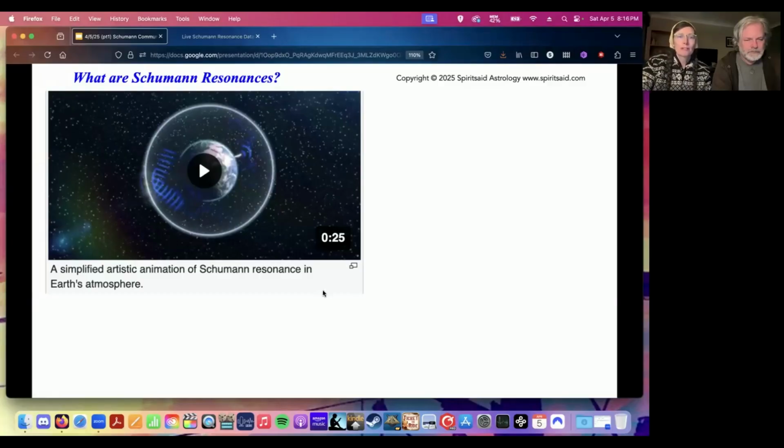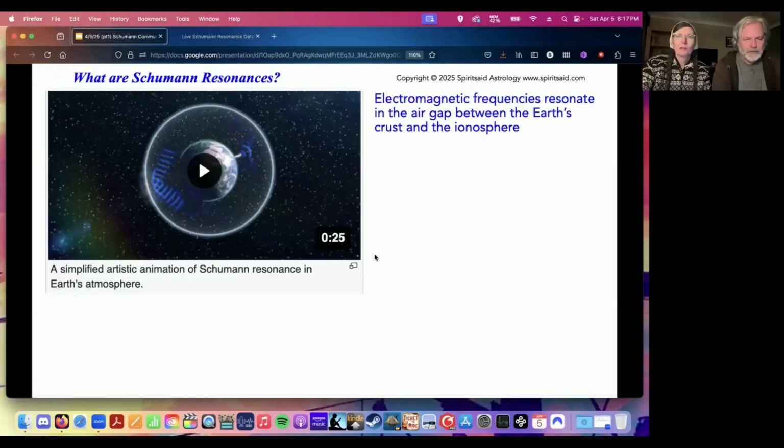So Schumann resonances are the Earth's electromagnetic frequencies that resonate inside of the gap between the Earth's crust and the ionosphere. It's almost like the Earth is a giant bell and these frequencies are ringing out inside, except they're not audio, they're electromagnetic. But they have overtone qualities to them.